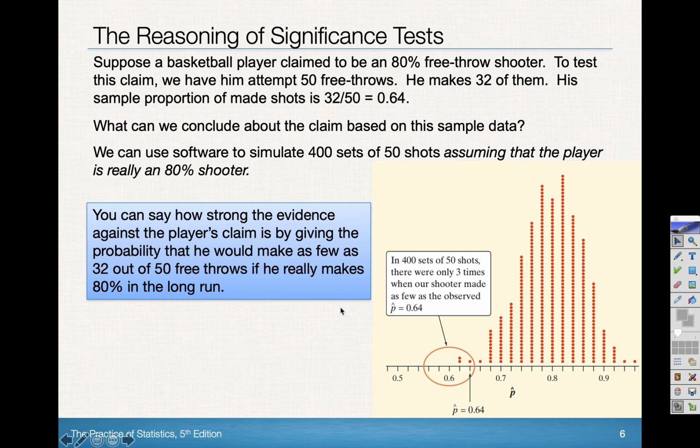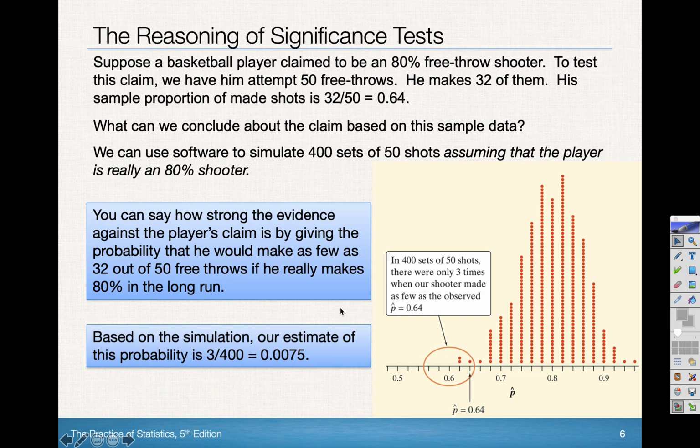So according to this, the probability of me being an 80% free throw shooter and going outside and only making 64% of my 50 free throws is 3 out of 400, or 0.0075. Now that probability is very small.